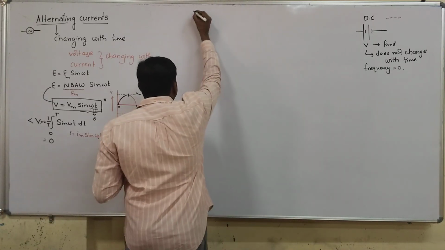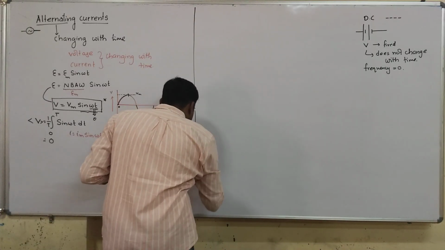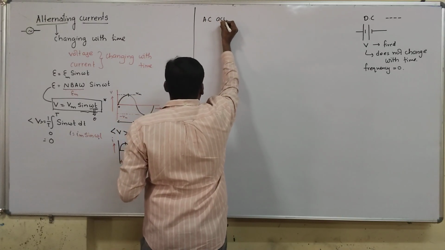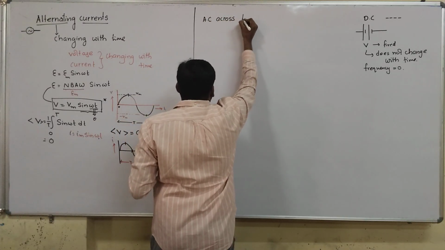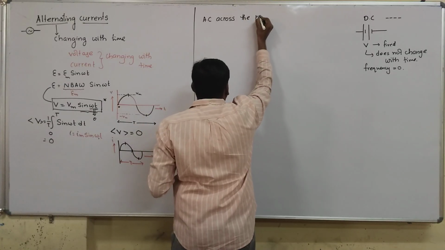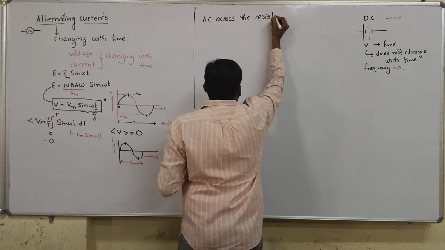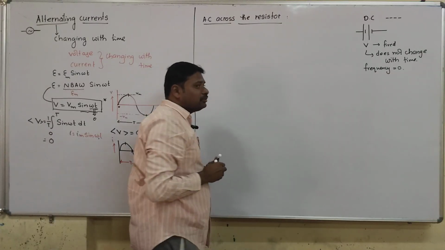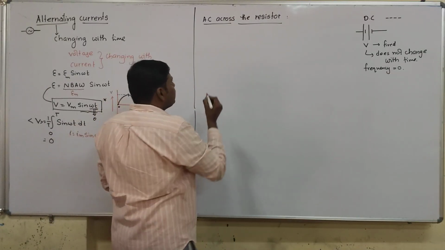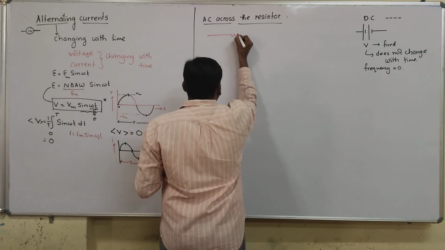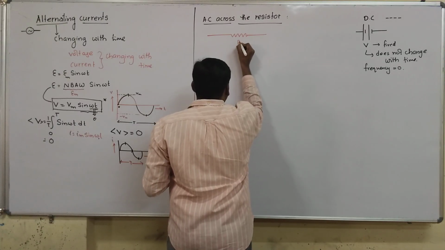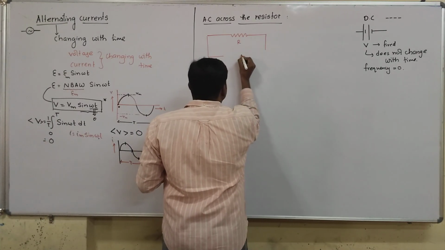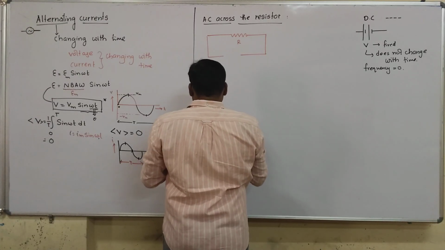Let us understand simply: AC across the resistor. How do we connect this AC across the resistor? This is a resistor of certain value R, and we apply an AC voltage.